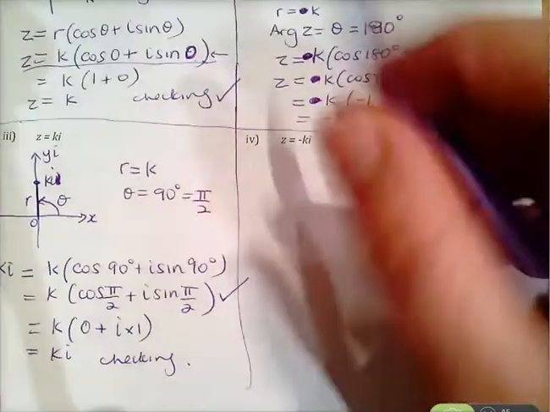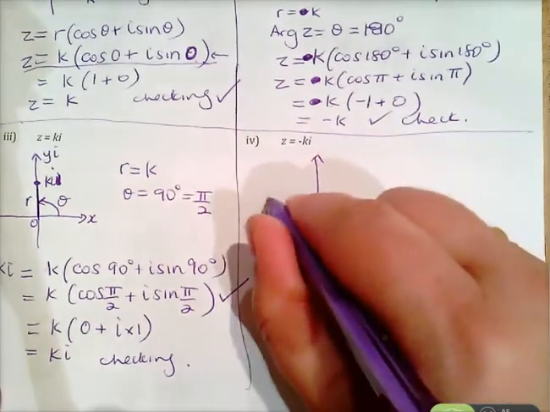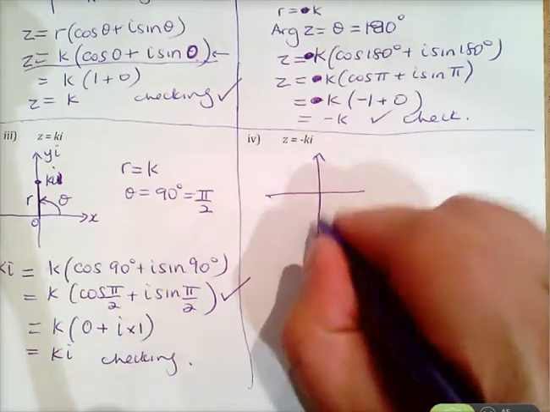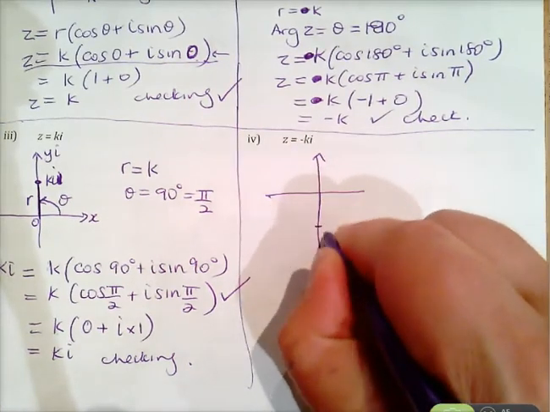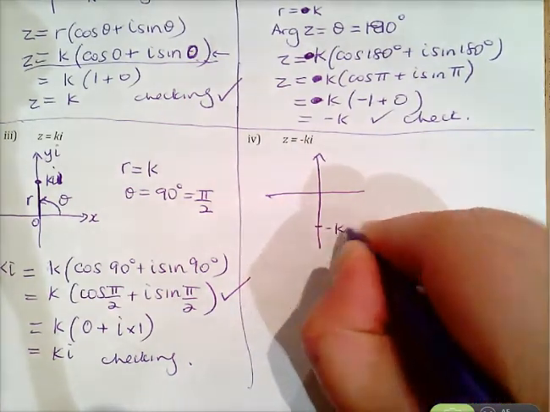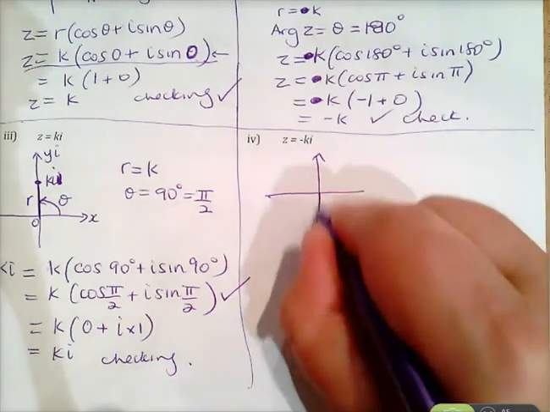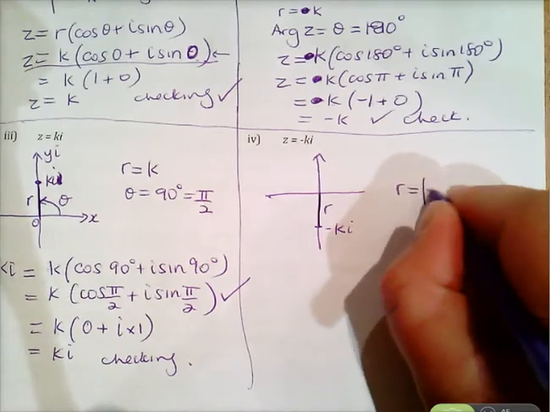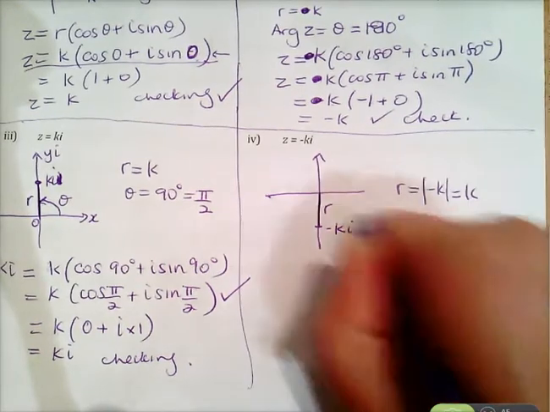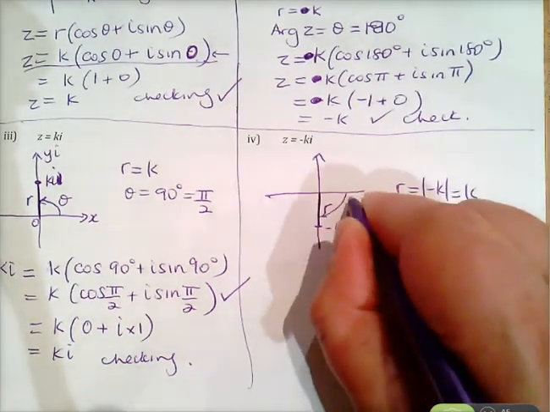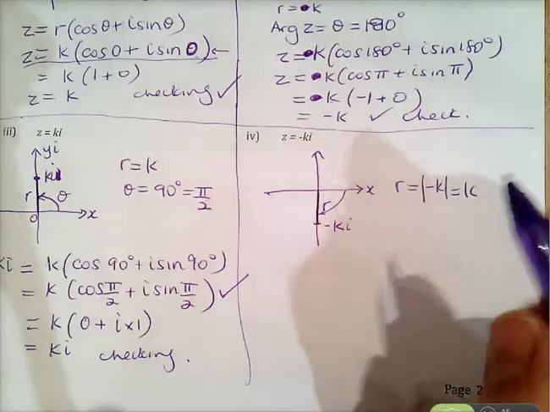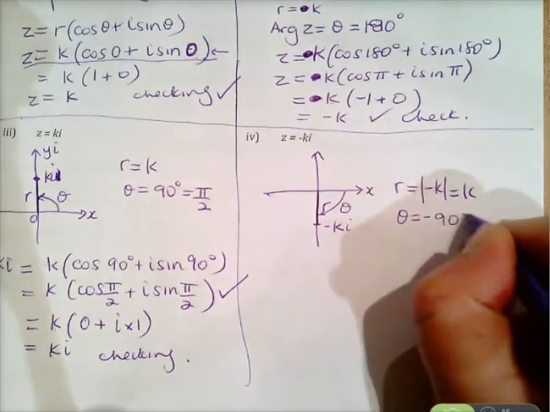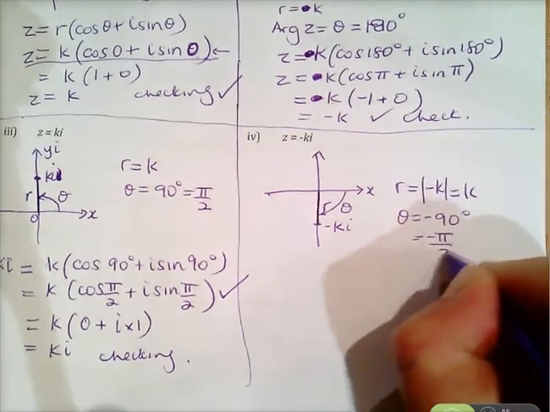And the last one, if z was minus ki, where k is just a positive number, so we've got, say, minus 2i or something, or minus 5i, it's down here, minus ki. This distance here is r. Well, that distance there is the absolute value of -k, which is k. This angle here always has to go from the x-axis. That's my theta. My theta here is -90, which is -pi on 2.